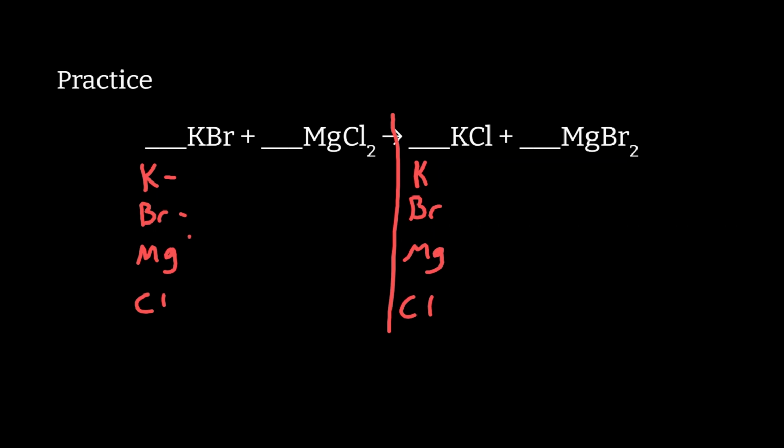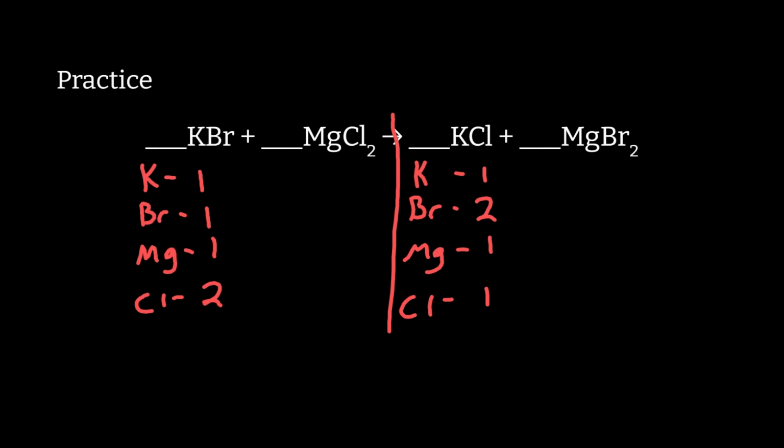Now, counting out the number of atoms, I have 1 potassium, 1 bromine, 1 magnesium, and 2 chlorines on the reactant side. On the product side, I have 1 potassium, 2 bromine, 1 magnesium, and 1 chlorine. So this means that the bromine and chlorine are not balanced. So we need to go ahead and fix that.